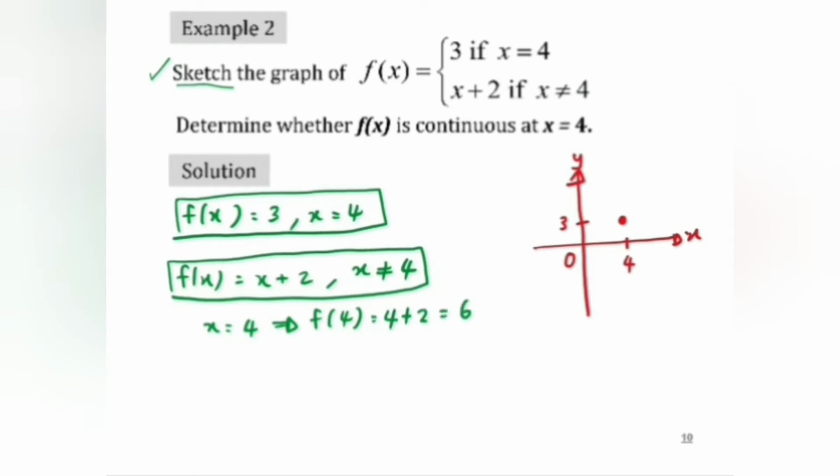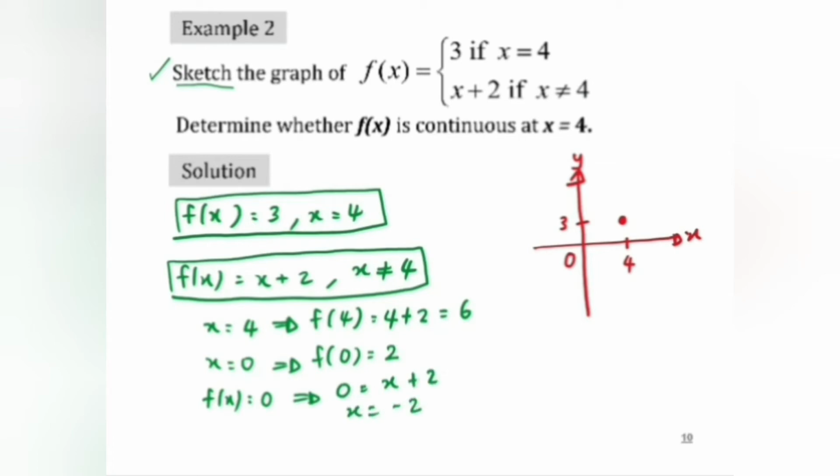And then find the value when x is 0. Substitute 0 into the function, 0 plus 2 is 2. And then find when f(x) is 0, what is the value of x? It would be negative 2.